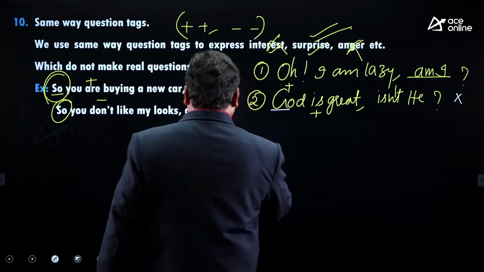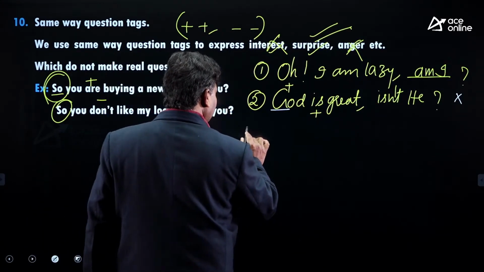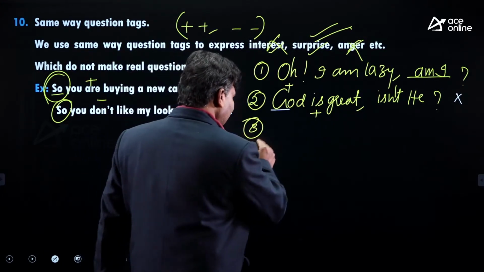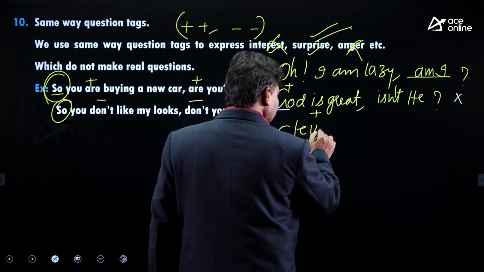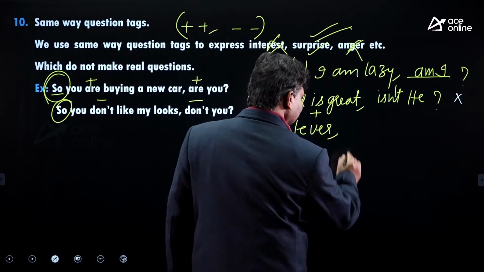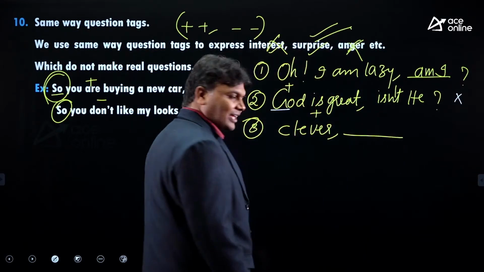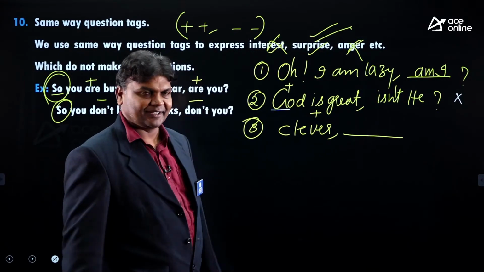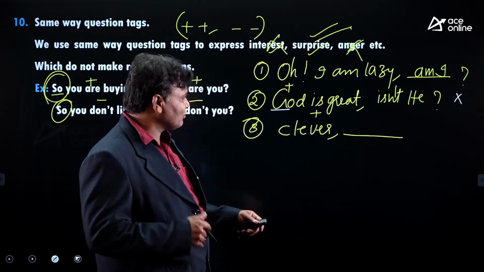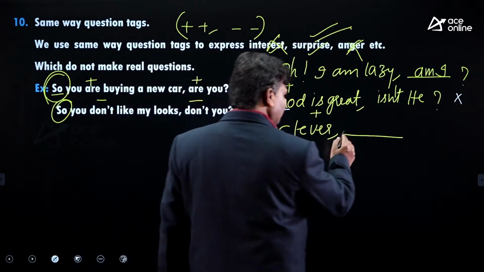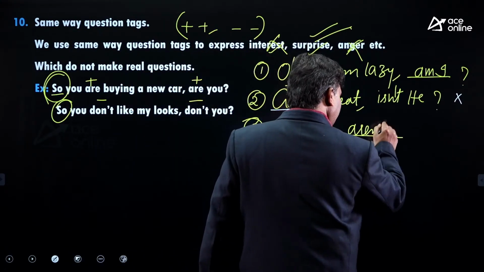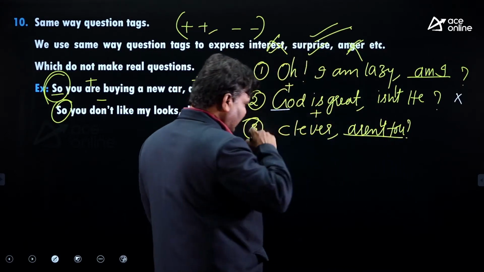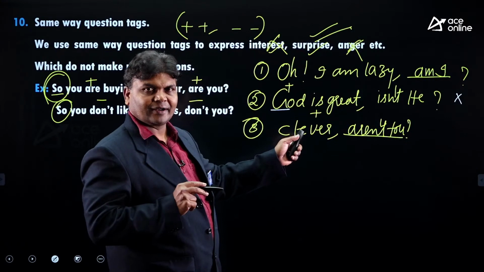Okay, number 3, I'll just go with number 3, students now. Clever. That's all. What should be clever? Examiner has just given the word clever. So, which means we have to understand. Supposing I can say, unto you, which means I understand you are clever.